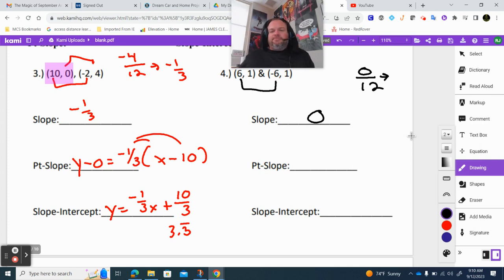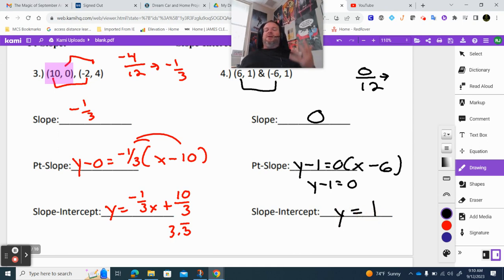Now we have y minus 1 equals 0 times x minus 6. So all this will go away. y equals 1. Believe it or not, that's actually the way it's supposed to be written. This is one of our horizontal lines.